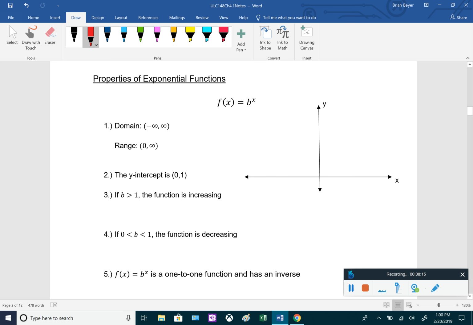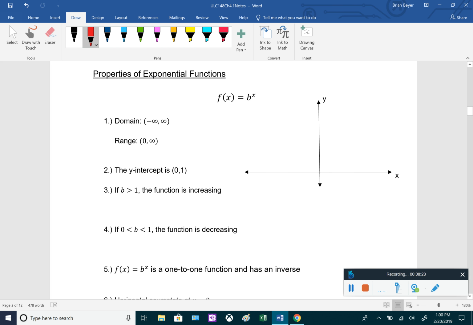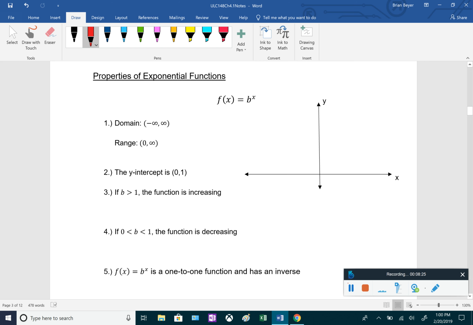And as we saw on the last page, it breaks down into two different graphs. If the base is greater than 1, that means the function is increasing. So it would look something like this. This is for b greater than 1, and we know it has a y-intercept of 1.